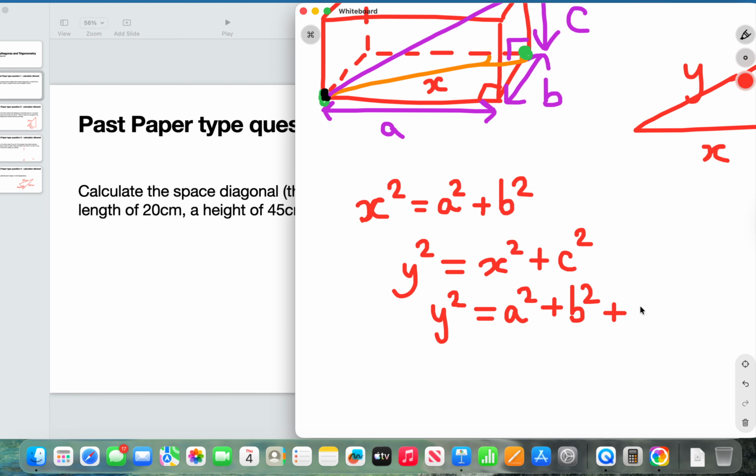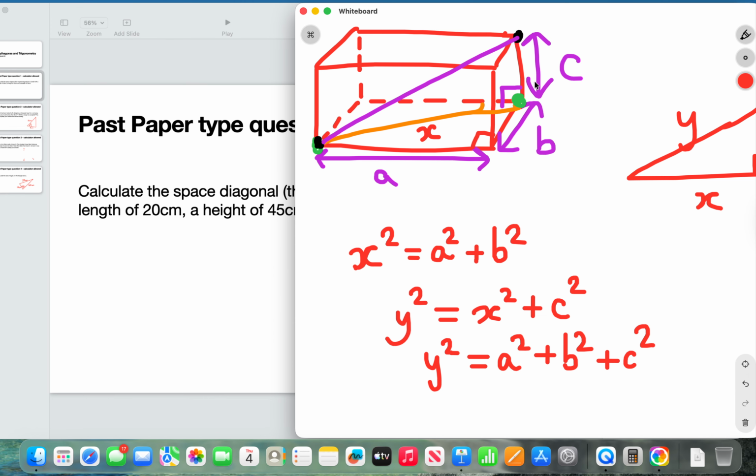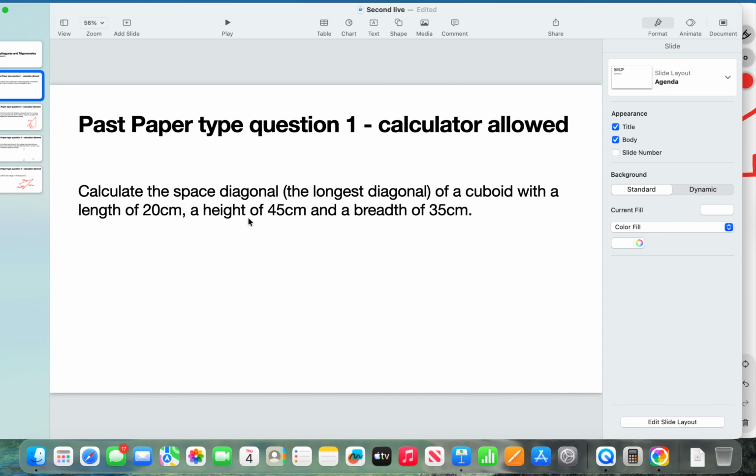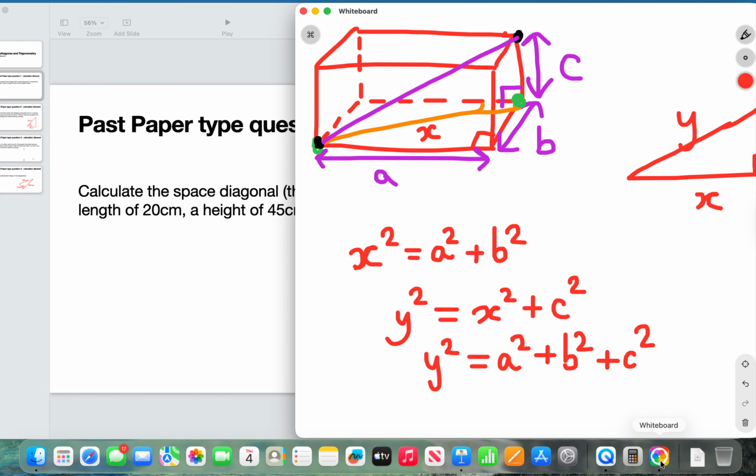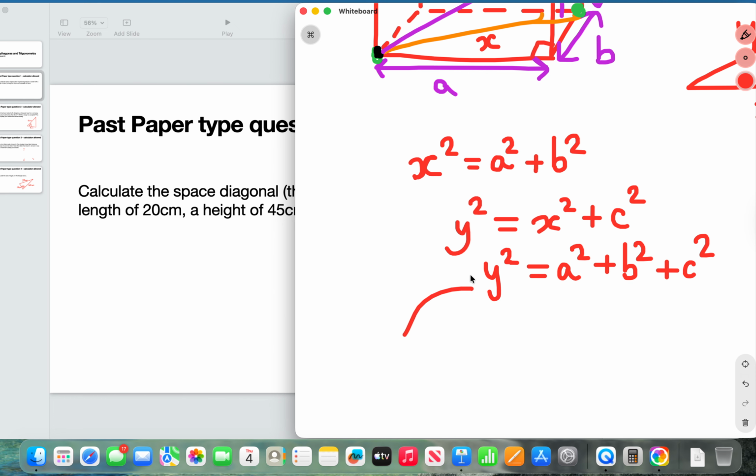In this context, well, normally the c would be the hypotenuse, but in this case it's one of the 3 dimensions that were given in the question. Although as long as you label what you're doing, you could use any letter for this. And this is the formula for the space diagonal.